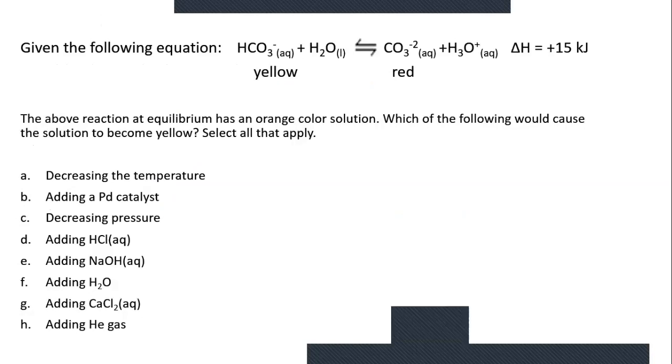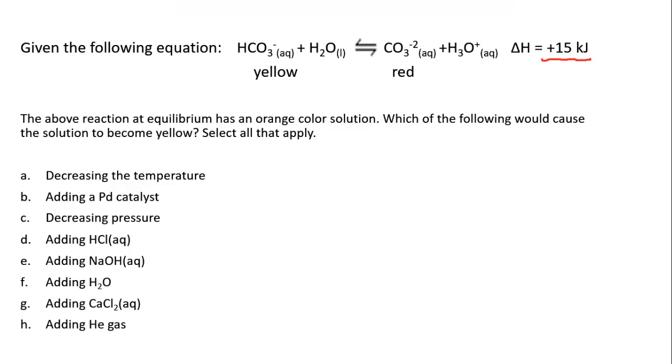And we have a positive delta H, so it's endothermic. The above reaction at equilibrium has an orange color solution, where red and yellow make orange. Which of the following would cause the solution to become more yellow? And yellow is on the reactant side. So we want to see which one of these disturbances will cause it to shift to reactants.